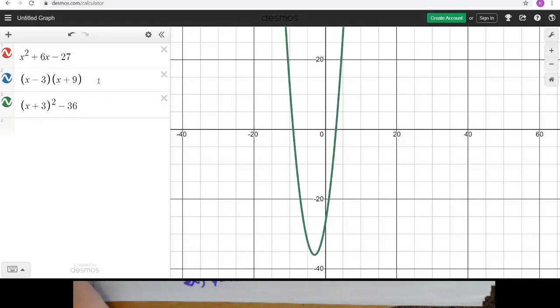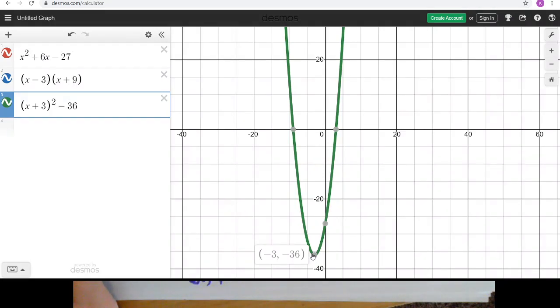So the first one I said, the y-intercept, would be negative 27. Oh, sorry, y-intercept. There it is, where it crosses the y-axis. Negative 27. And my zeros, I said, would be at 3 and negative 9. Let's check this one.